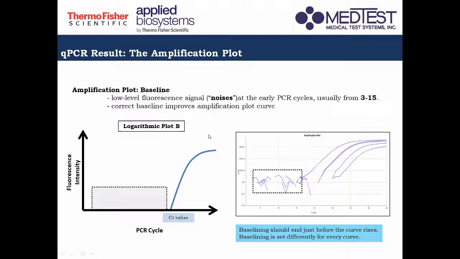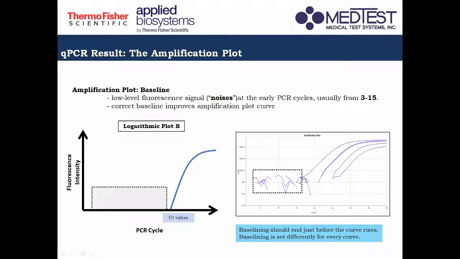Now, this is important because correct baselining will improve the curve that is represented in your amplification plot. And so we would want to make sure that the baselining that we set in our amplification plot would be just the part before the amplification has been detected.